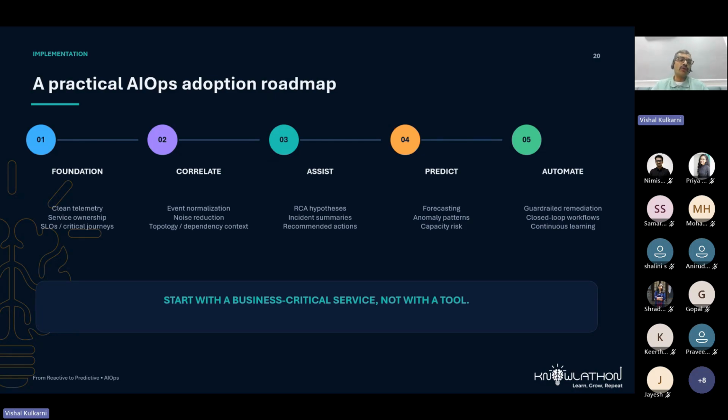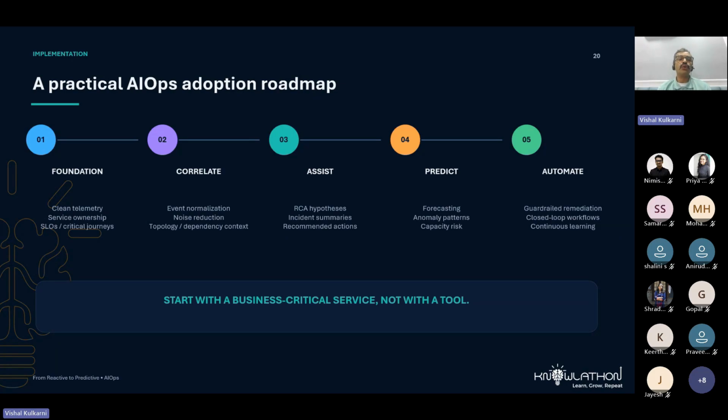The AIOps adoption roadmap: this is a normal question wherein we need to understand where we should start when it comes to the implementation aspect. Stage one is the foundation: clean telemetry, service ownership, service level objectives, and critical journeys, which we need to identify. This is typically a reflection of your site reliability engineering, right? These are typical concepts borrowed from the SRE aspect.